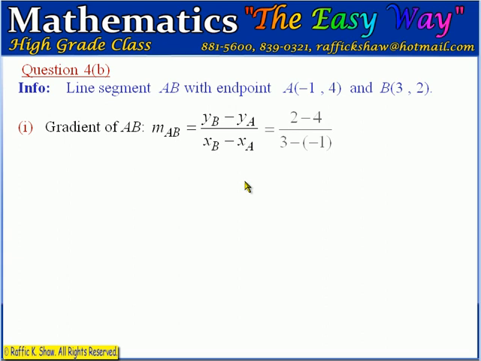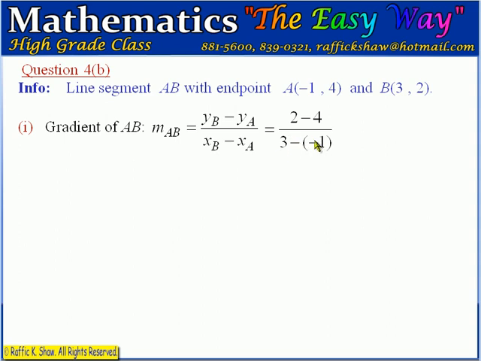And so the values become 2 minus 4 divided by 3 minus -1. yB is 2, yA is 4, so that's 2 minus 4. And then xB is 3, that's here, minus, that's this minus here, xA is -1. So it becomes 3 minus -1.